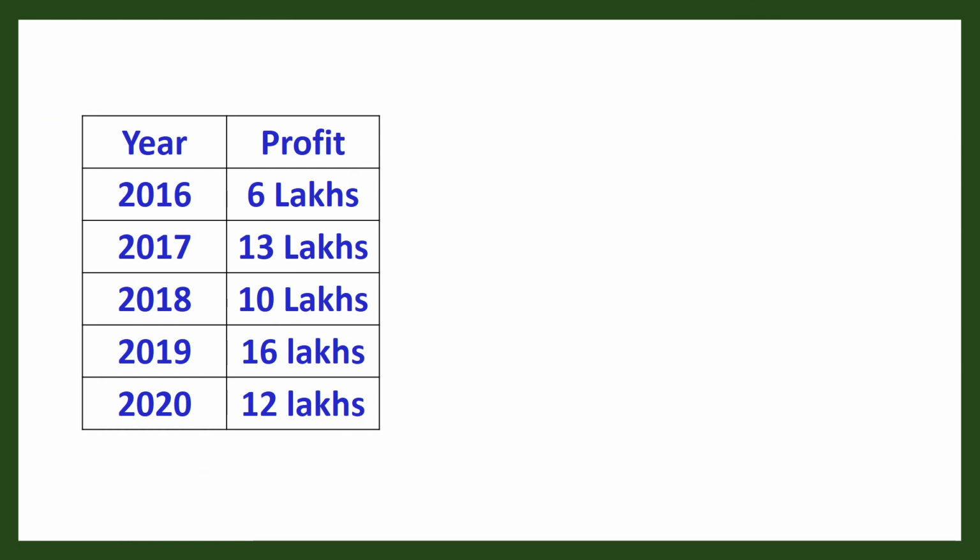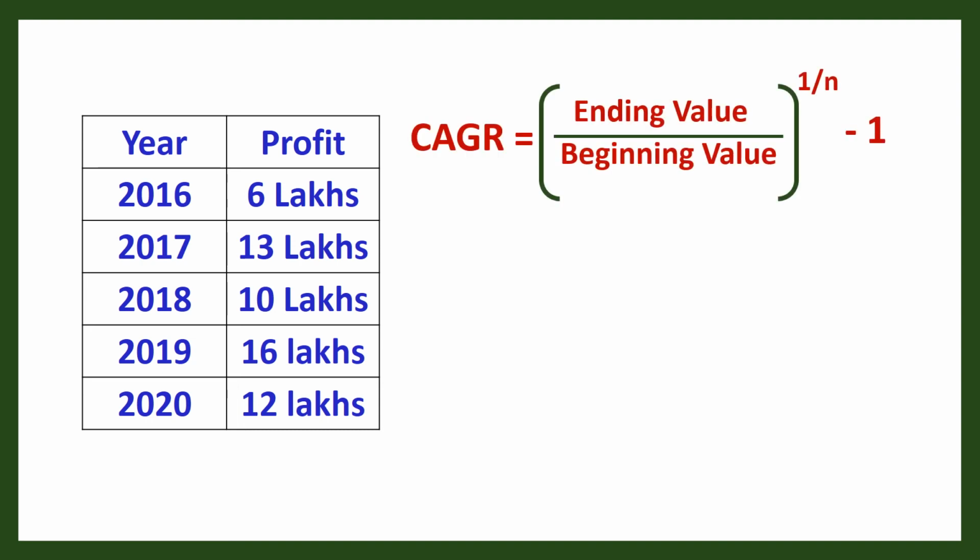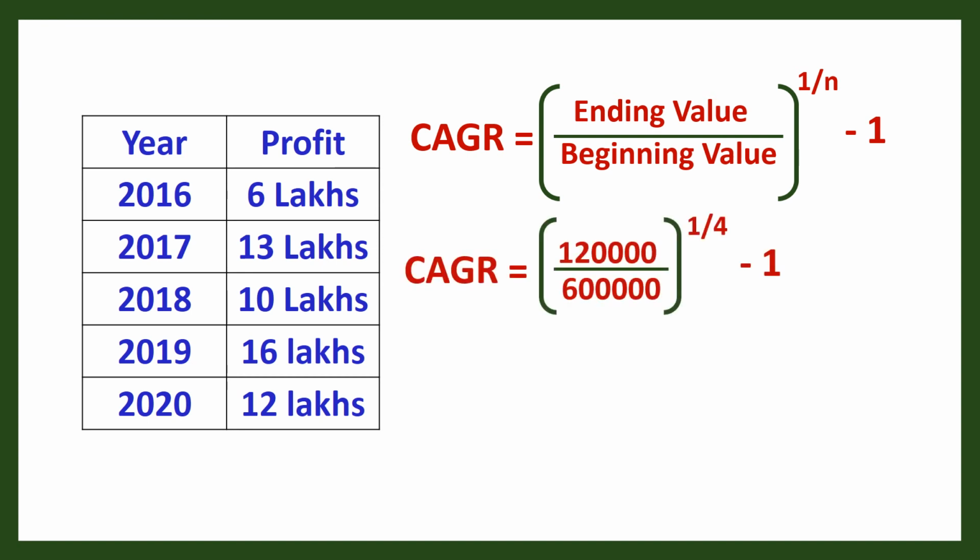Now let us compute the CAGR of these 5 years and for the 4 growing periods. CAGR is equal to ending value divided by beginning value whole raised to 1 divided by n, minus 1. The ending value here is 12 lakhs, beginning value is 6 lakhs, then n is the growth periods, that is 4, that minus 1.